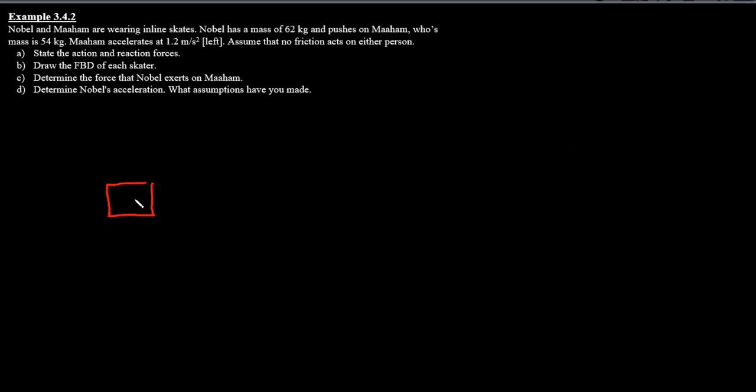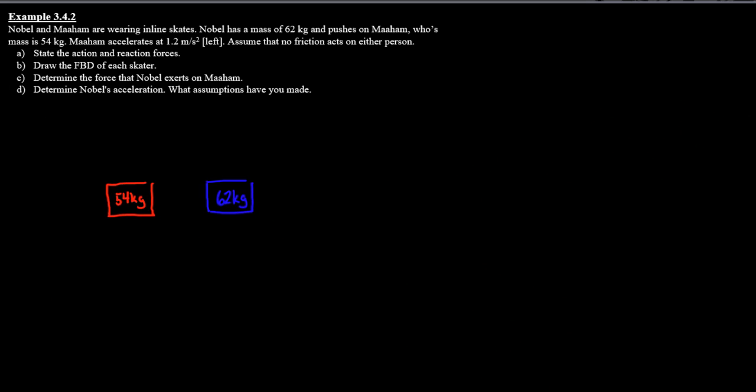Okay, so Mayhem's mass was 54 kilograms, and we're going to put him located to the left of Nobel, whose mass was 62 kilograms.